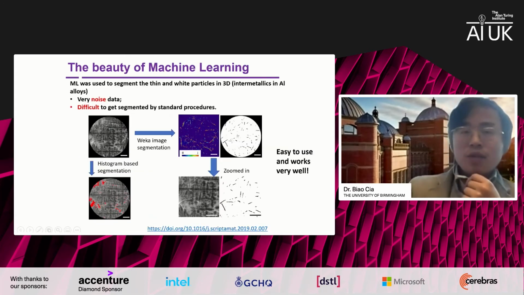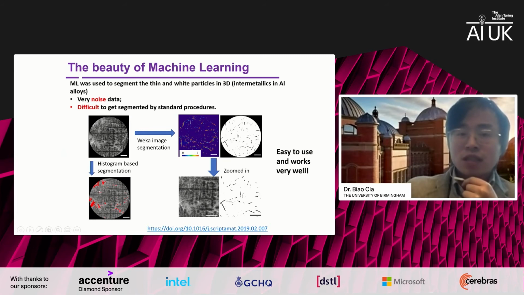And the beauty is also about using machine learning to help us speed up the analysis. This is one example I'm showing here: we have very noisy tomography data, and we want to analyze these very thin, bright crystals. It's very difficult to use traditional segmentation methods to isolate those crystals.